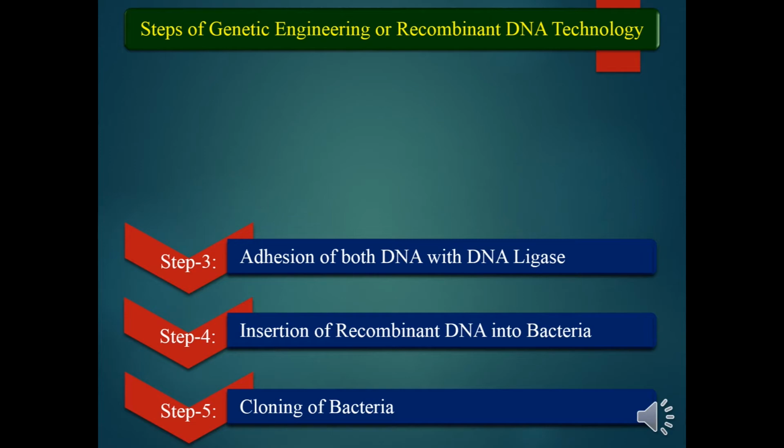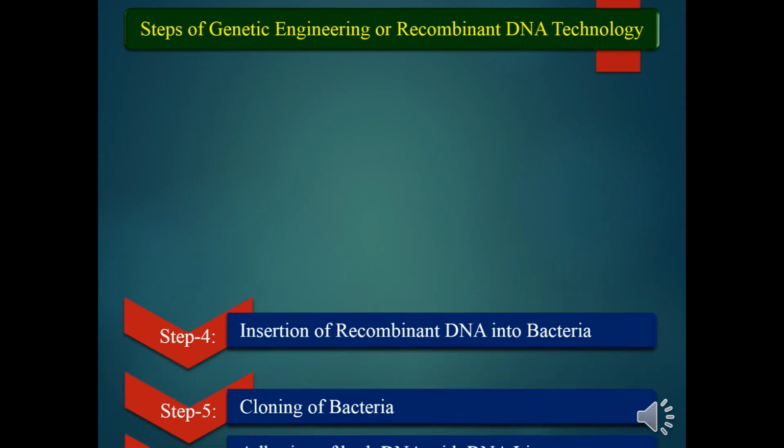Step 3. Addition of both DNA with DNA ligase. After cutting the carrier DNA and desired DNA, we have to adhere the desired gene or DNA with vector DNA or carrier DNA with a special enzyme known as DNA ligase.